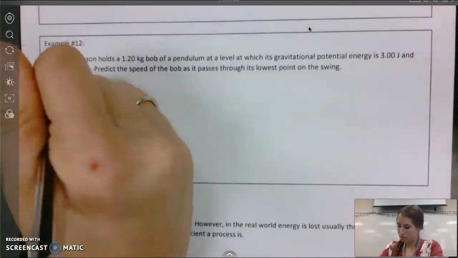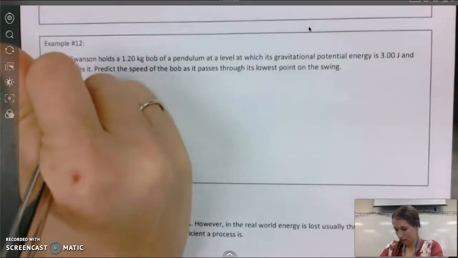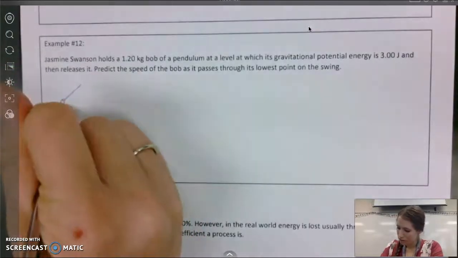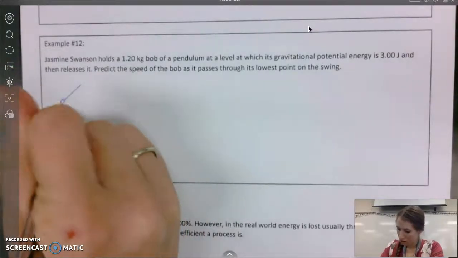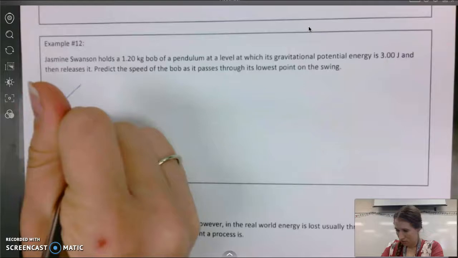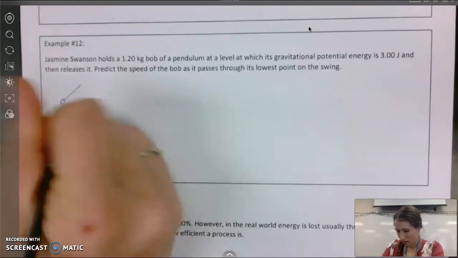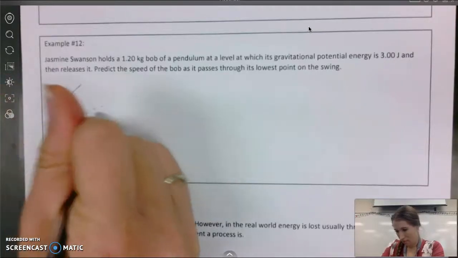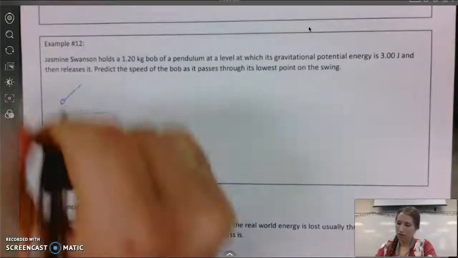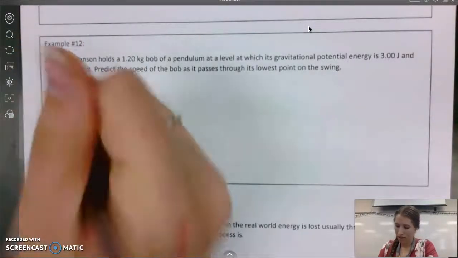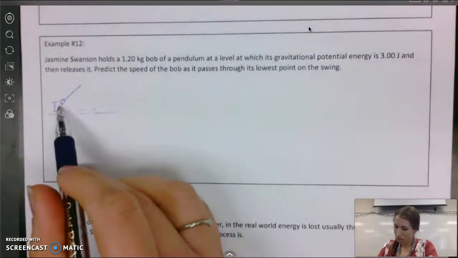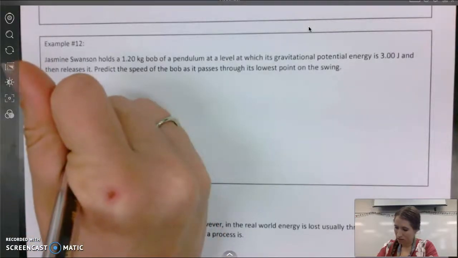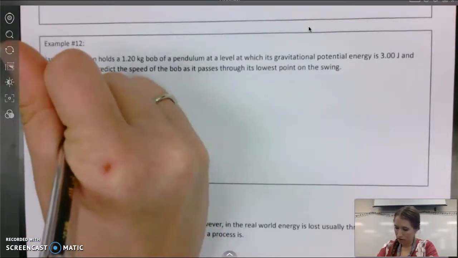Let's draw a picture. Okay, so she's holding it up at some height that allows there to be 3 joules of potential energy, and then releases it. Okay, so that's the initial. There's the final.